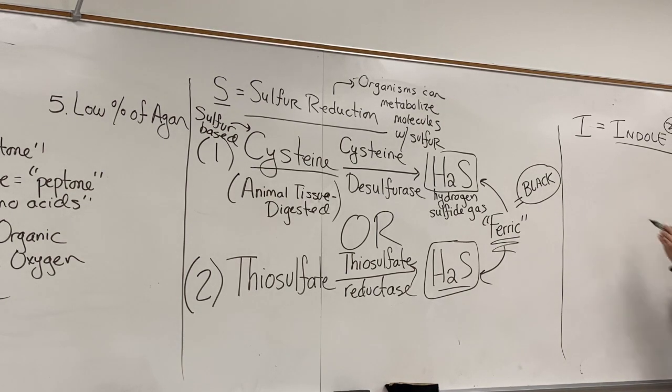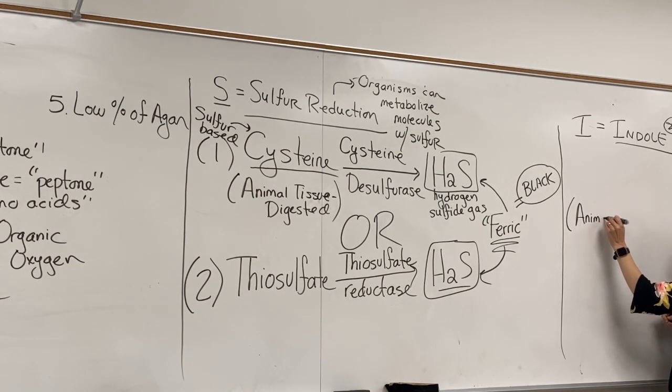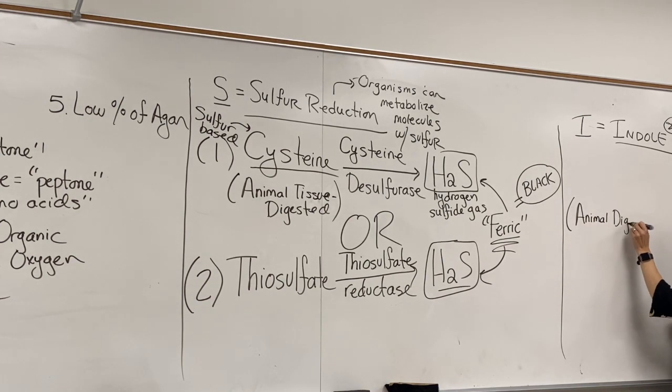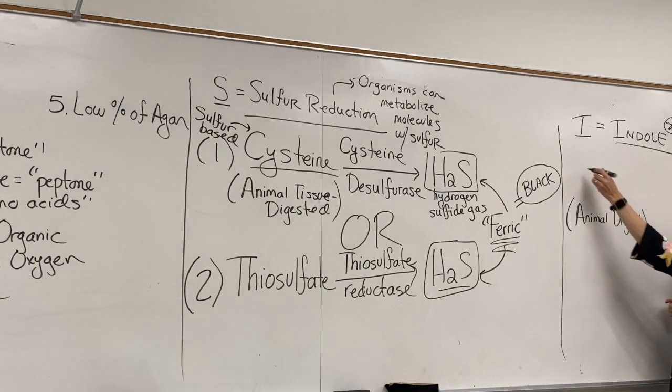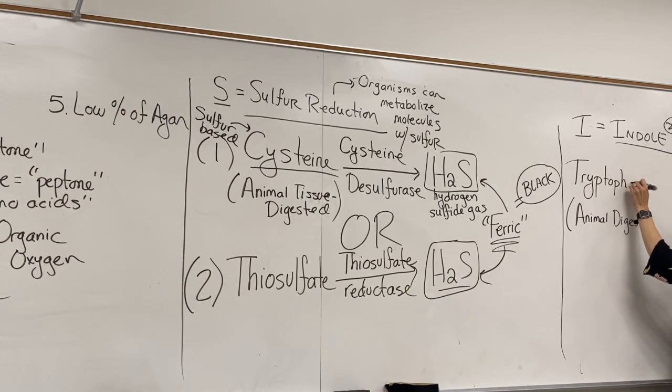So again, we're back to the animal digest one more time. So at least on the indole part, it's not as complicated as the MRVP. The animal digest has another amino acid in it called tryptophan. So it's got cysteine, it's got tryptophan. We're just going to see if your organisms can break it down.